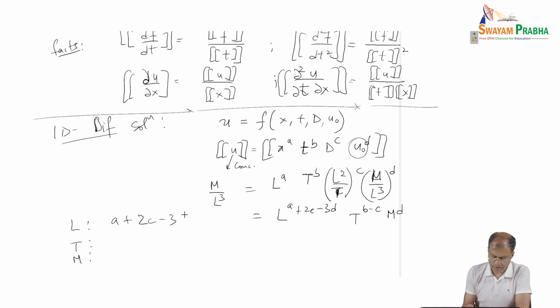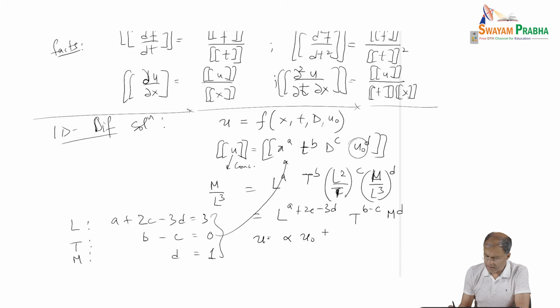These are my 3 equations, and b minus c is equal to 0 and d is equal to 1. Solving this set of 3 equations and plugging back into our dimensional analysis, we find that u is alpha times u naught times a dimensionless group x over square root of Dt.